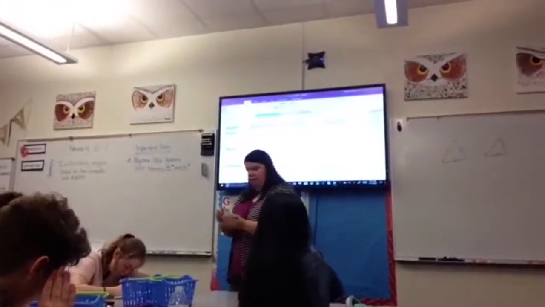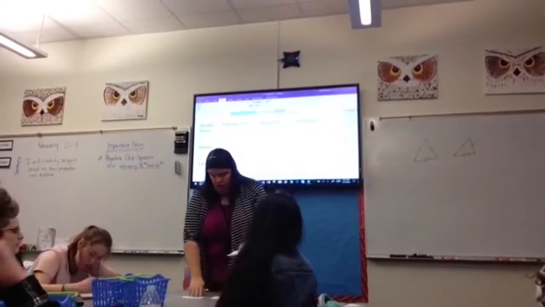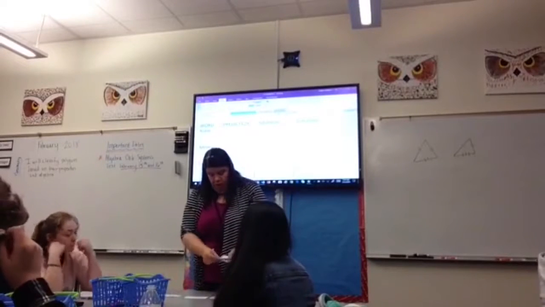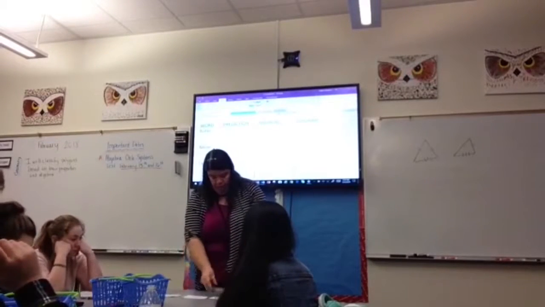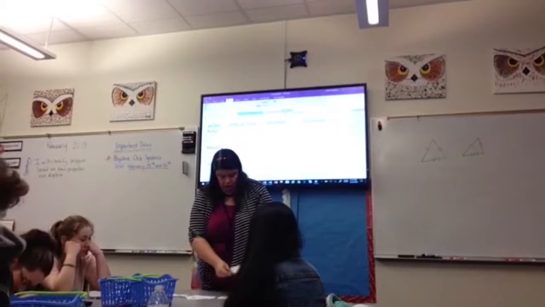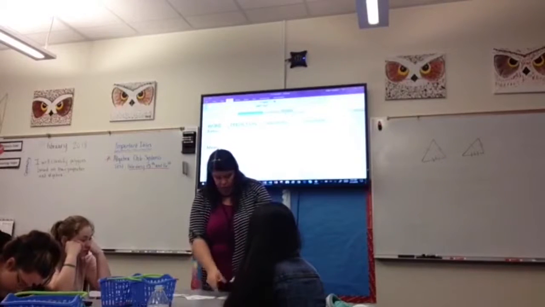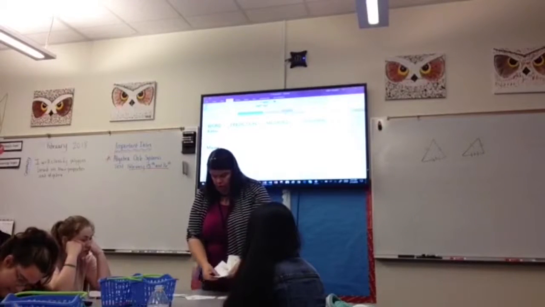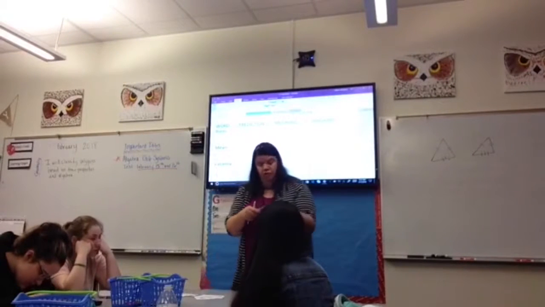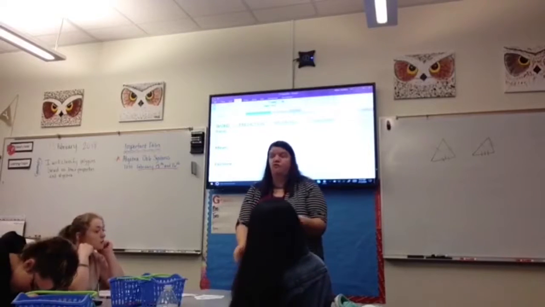Okay, let's see what we came up with. I'm going to take your predictions and then fifth period's predictions, and we will compile them. But I'd like to read back some of the predictions that you have now for ratio, mean, and extreme. So some of your predictions for ratio: percentage between two things.